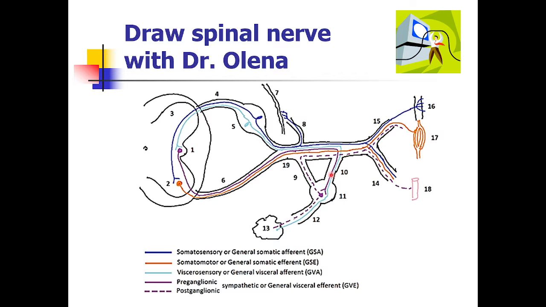Here we have the white communicant ramus. Then, after synapsing, some portion of the postganglionic sympathetic fibers come back to my spinal nerve from the ganglion, and they form this gray communicant ramus. Number 9 is the gray communicant ramus.